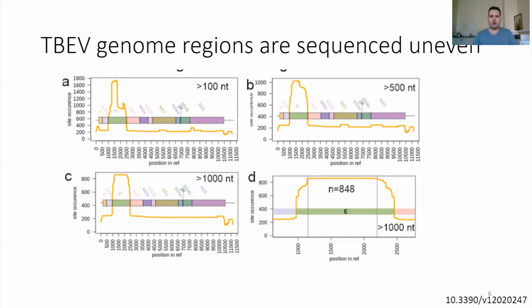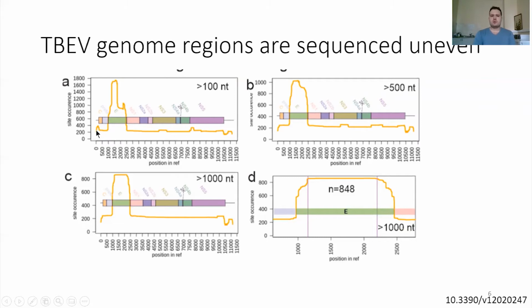In my work, I have downloaded all sequences of the TBEV virus. Here we can see that the genome regions of this virus are sequenced very unevenly. In total, there are a little more than 2,000 sequences. The E gene, which encodes the envelope protein, is sequenced most often in comparison to all other parts of the TBEV genome.